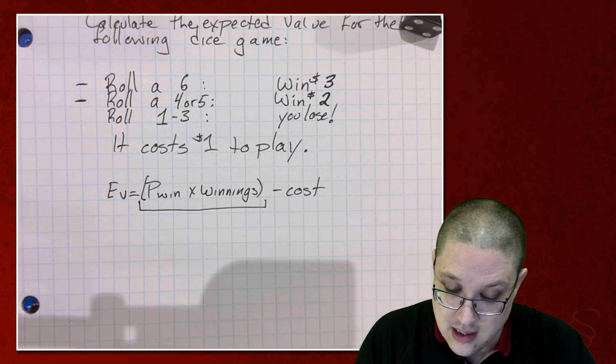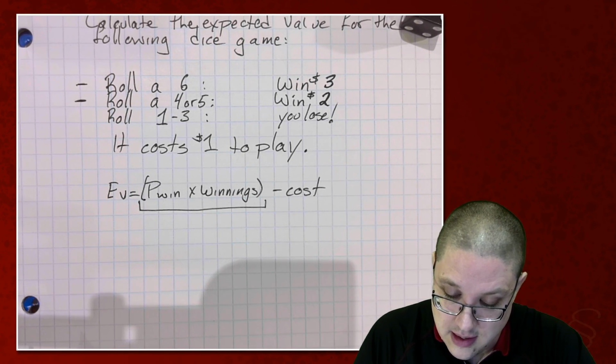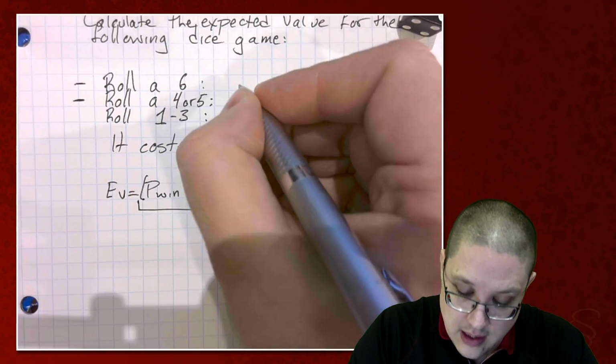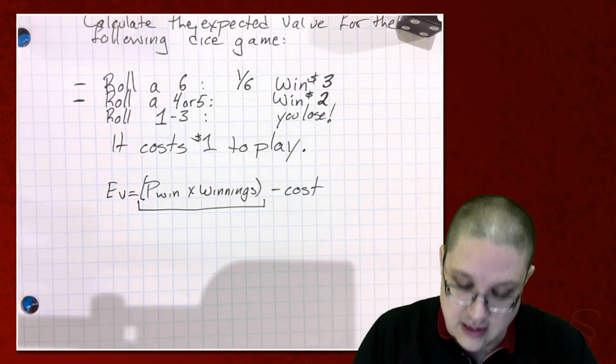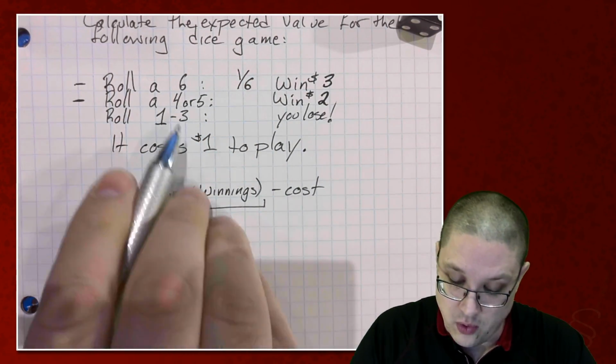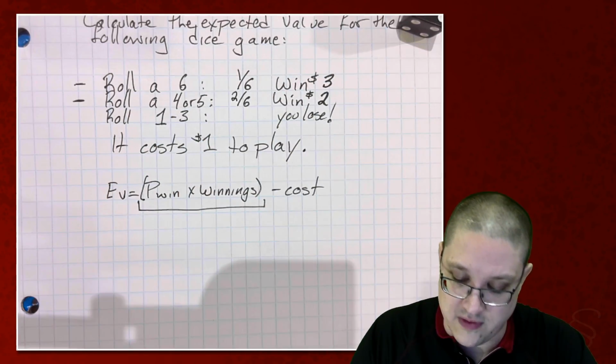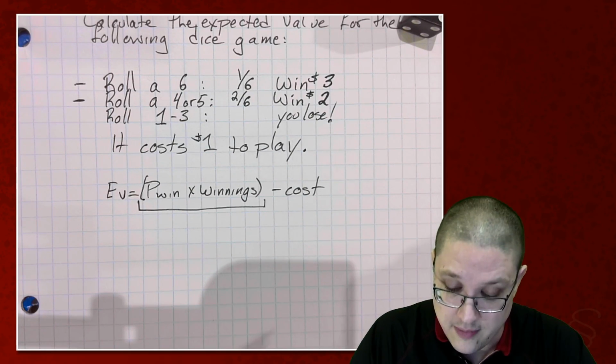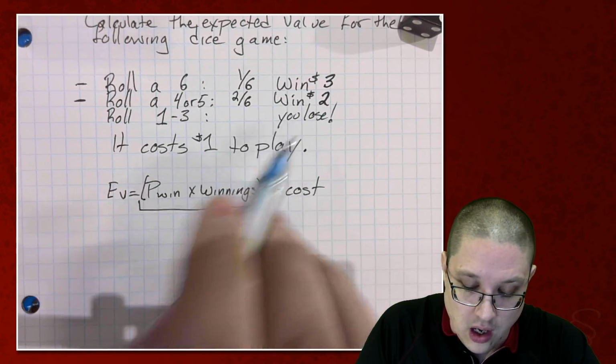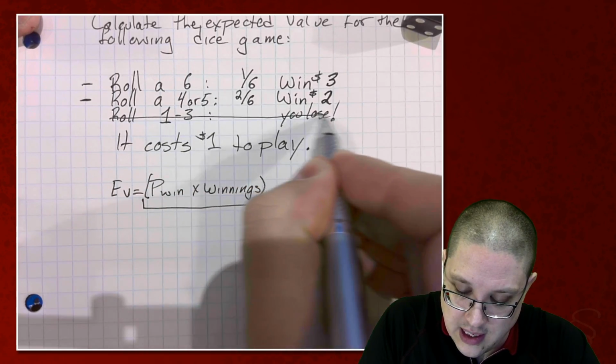If I'm rolling a 6, my probability of winning is 1/6. If I'm rolling a 4 or 5, my probability of winning is 2/6. Great. This one here, I'm not gaining anything, so I can actually ignore it.